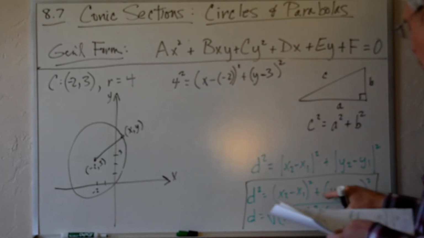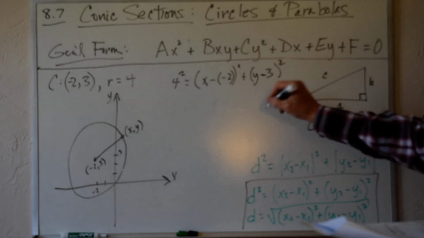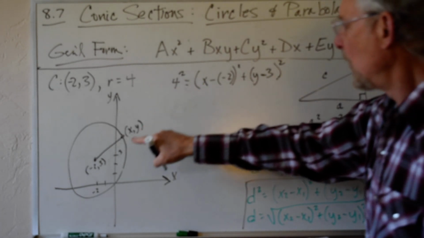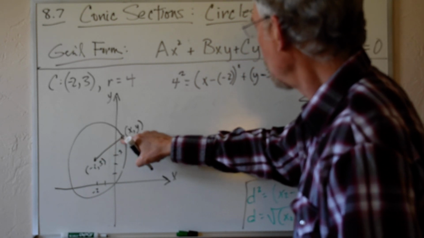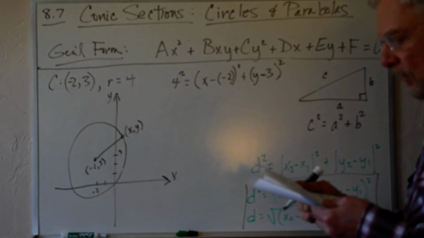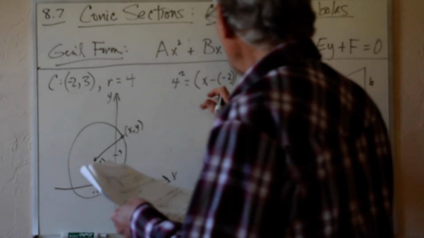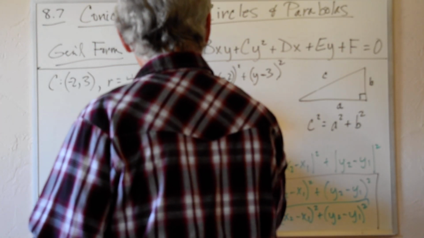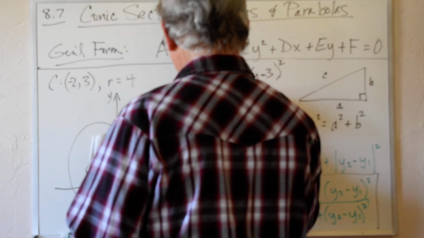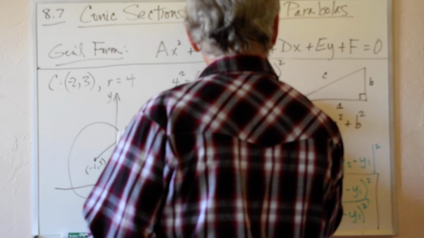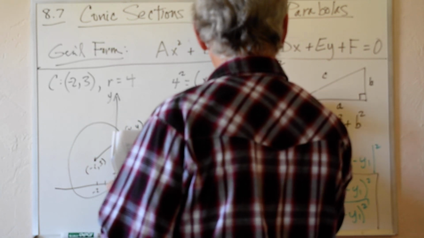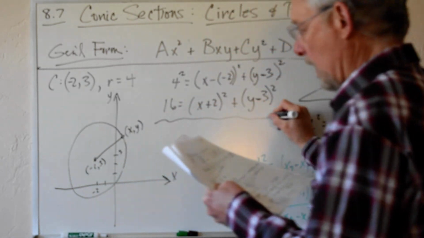Right? So everybody agrees I'm using this formula to just make a statement as to how the distance from the center to the circle must be equal to this for any point x, y that you find on the circle. If I simplify this algebraically, I get 16 equals x plus 2 quantity squared plus y minus 3 quantity squared.